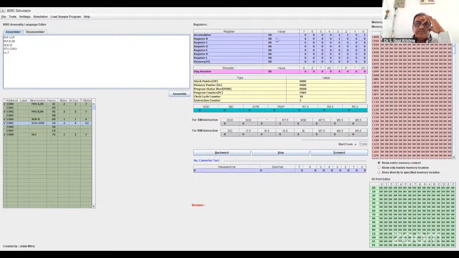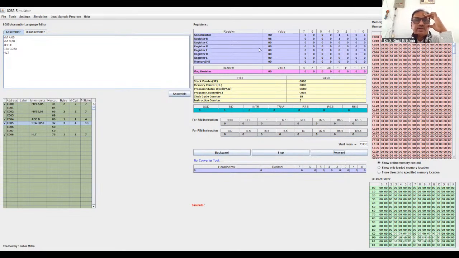In hexadecimal, after 9 it will be 0A, 0B, 0C, and so on, A, B, C, D, E, and F, up to F only. So 10 in decimal is A, 11 is B, 12 is C, 13 is D, 14 is E, and 15 is F. These are the hexadecimal equivalent numbers.